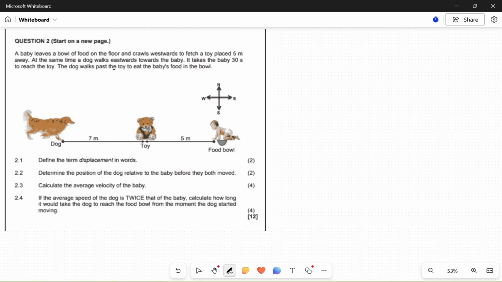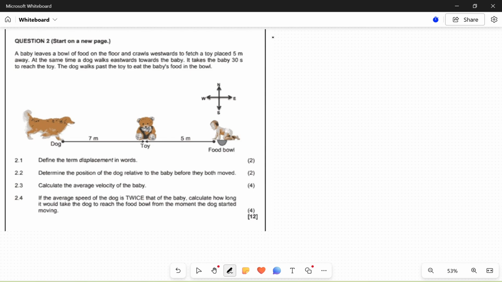The dog walks past the toy to eat the baby's food in the bowl. So this is our baby. The baby is moving from the bowl to the toy, and the dog is moving from this position here towards the baby's bowl. Okay, and the first question is for us to define the term displacement in words.